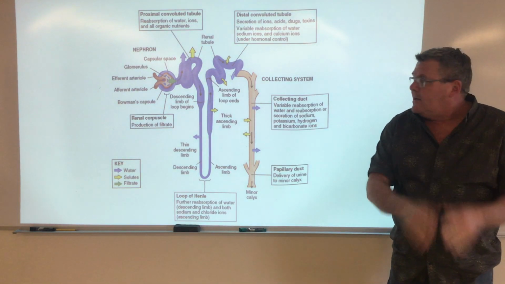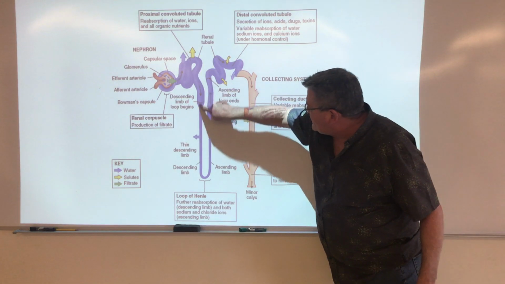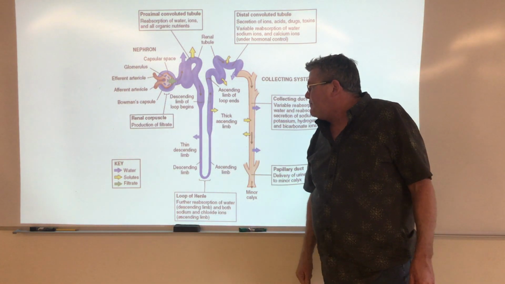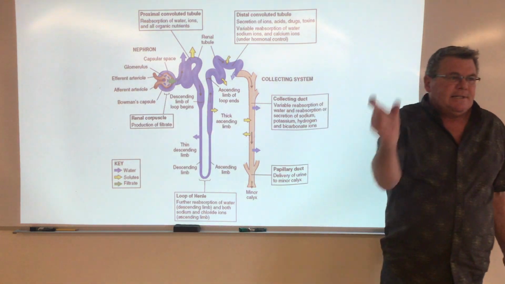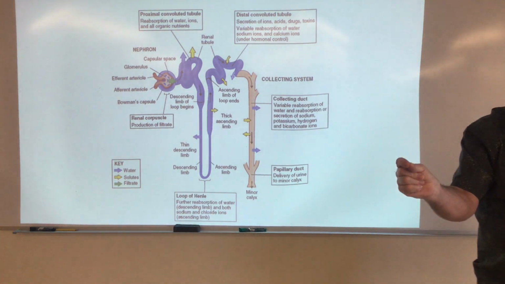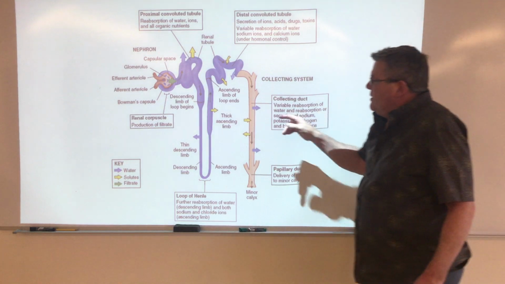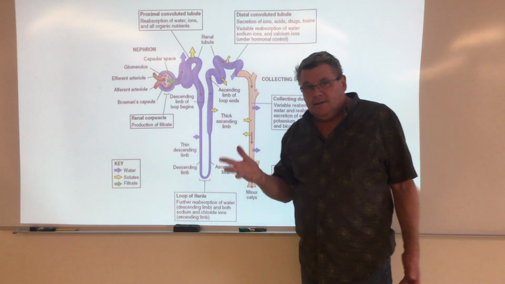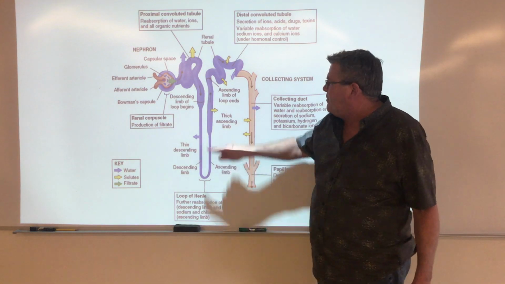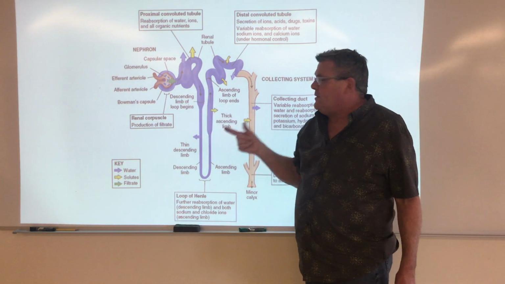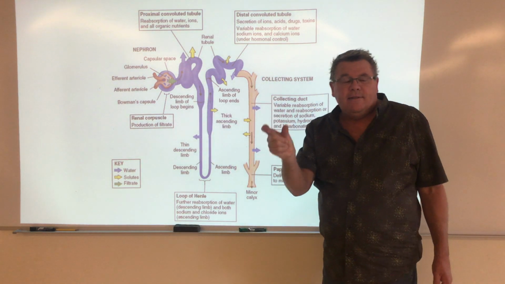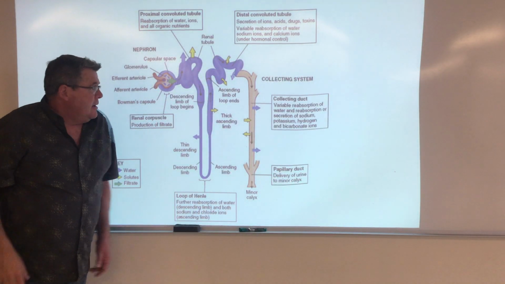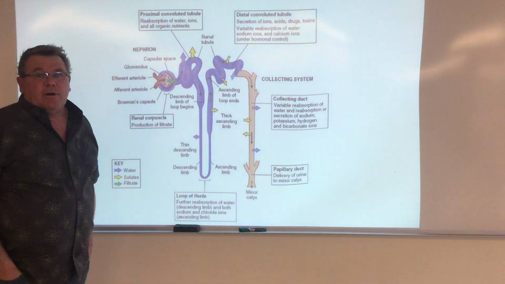Here's what happens. In the descending limb, we're going to go down and go deep into the kidney. You see there's a thick area and there's a thin area. I really want to focus on water and a little bit on sodium. If I look up at the top, at the thick component of the descending limb, it is impermeable to water.